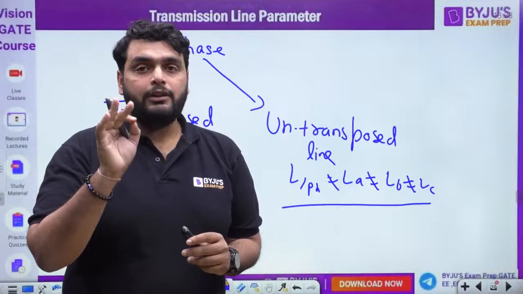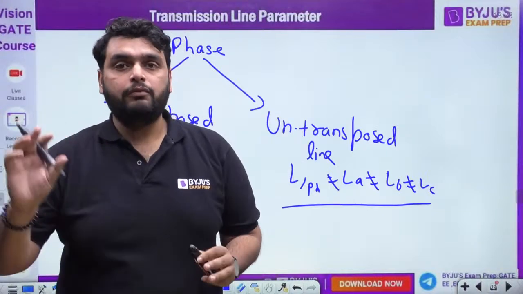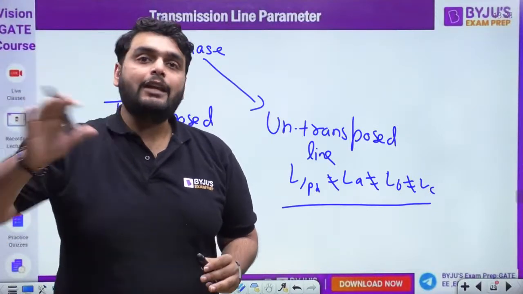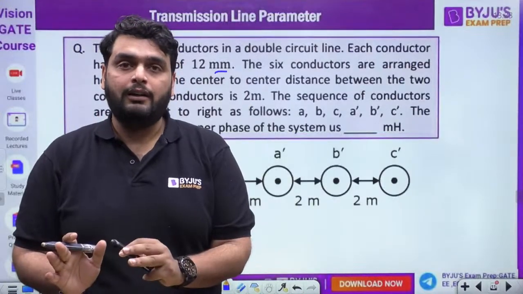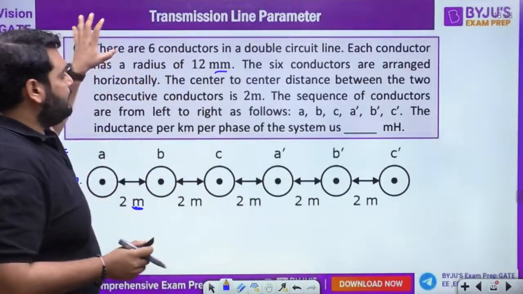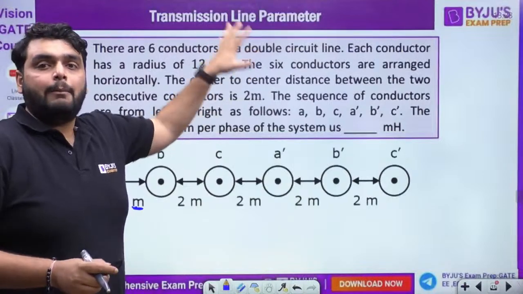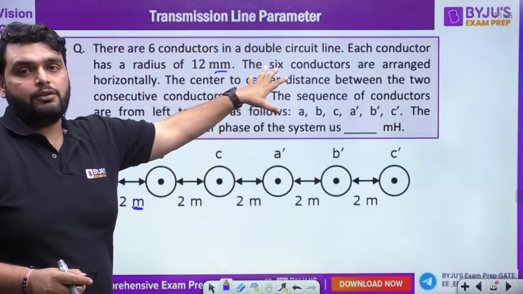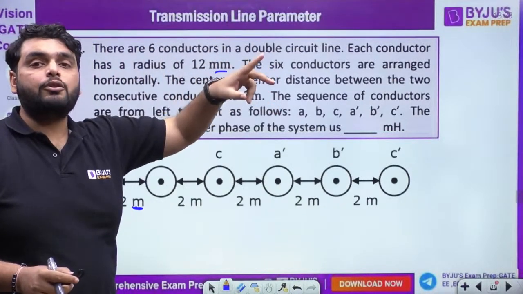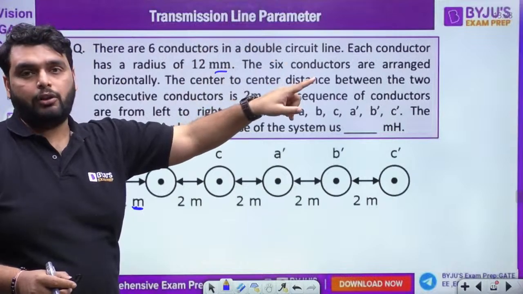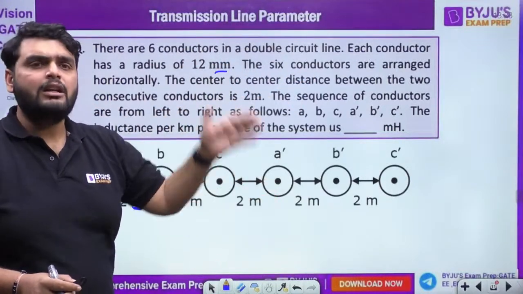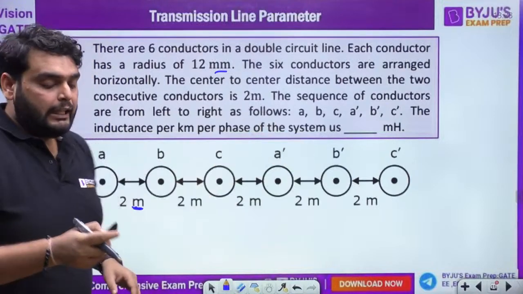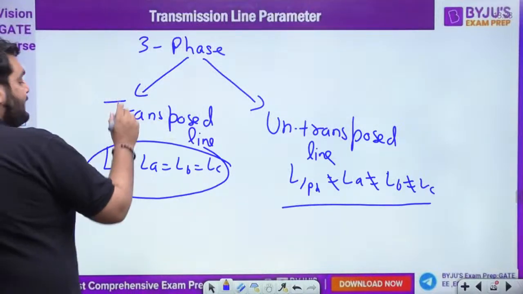If the non-transposed word is mentioned in a question, then take non-transposed; otherwise, take the transposed case. In this question there is no mention of transposition, so by default take the transposed case, because in the non-transposed case the complex term will also come. In the GATE examination, they never ask questions on untransposed, so that is not important for us. Now when you talk about the transposed line, again you have two cases.